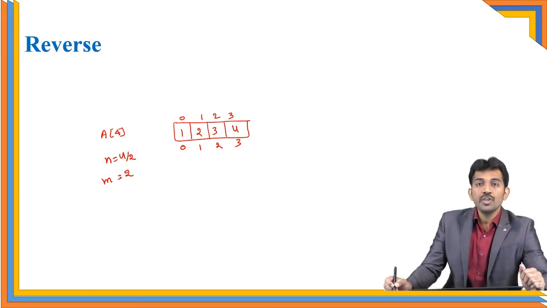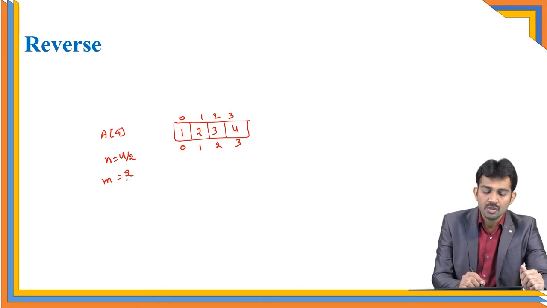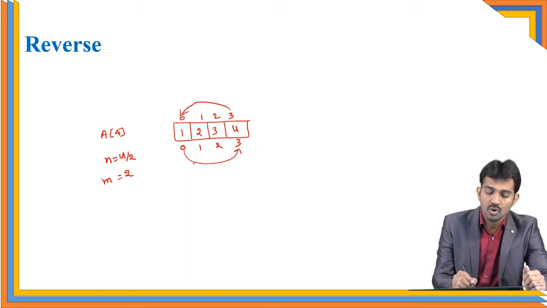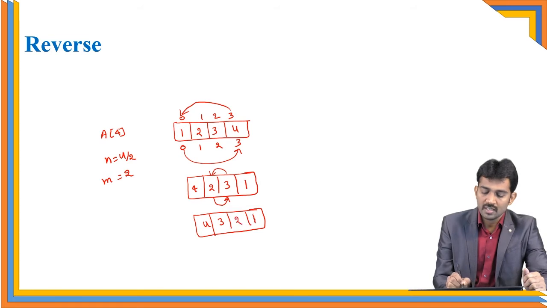I'm going to apply the swap 2 times, until i reaches 2. I swap the 0 index with the n minus 1 index. In the first iteration I swap 1 and 4, then I come to the next two and swap 2 and 3. So what I get is 4, 3, 2, 1. Got it?